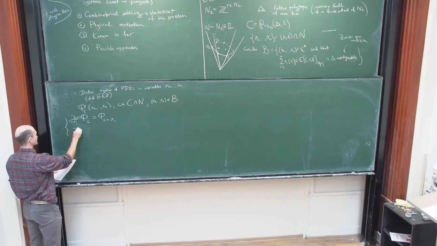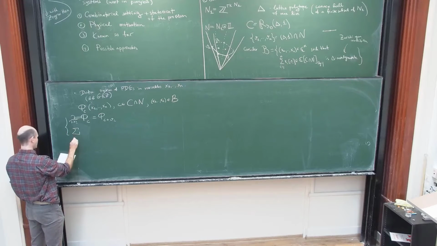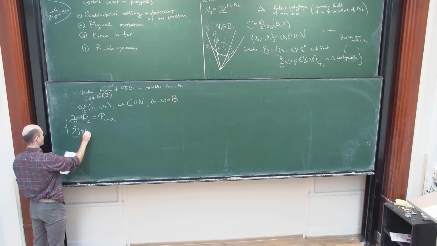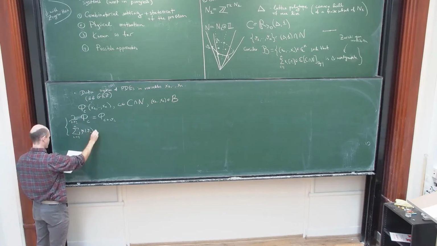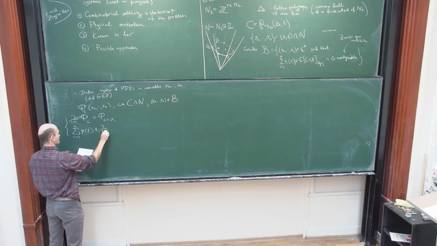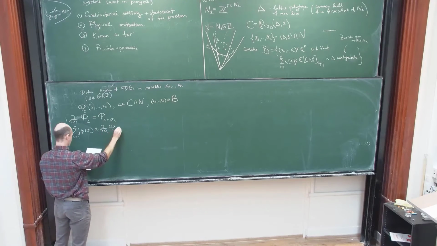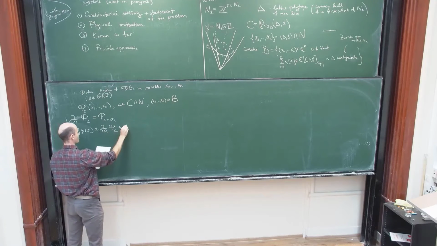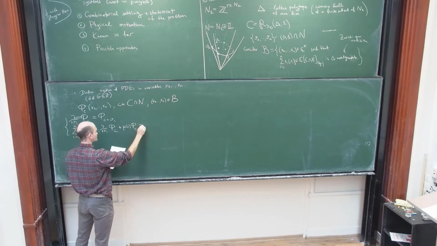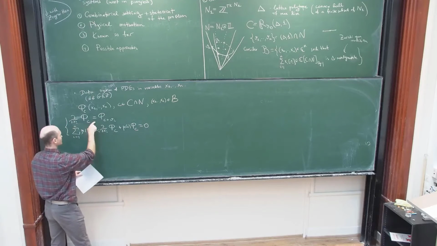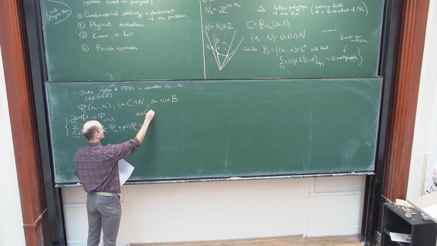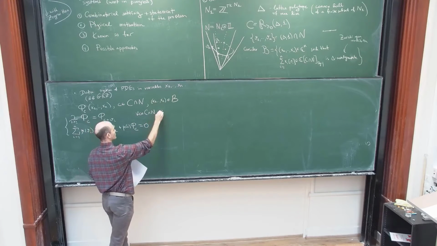And then the second equation is the sum. I'll explain the notation in a second. So the first makes sense for all c in C intersect N and all i.